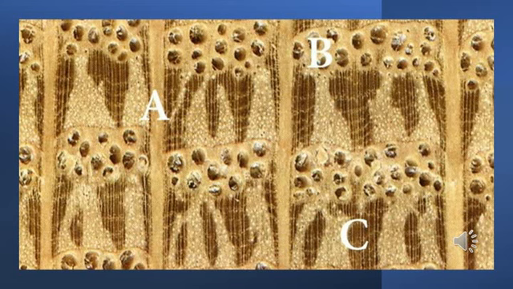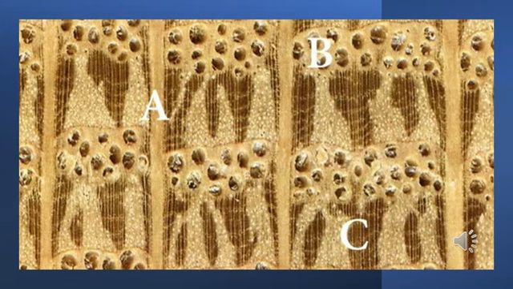And then in between these dark parts here, that's wood fibers. And the distance from early wood to early wood is a lot of times called annual rings, but it could also just be called growth rings.